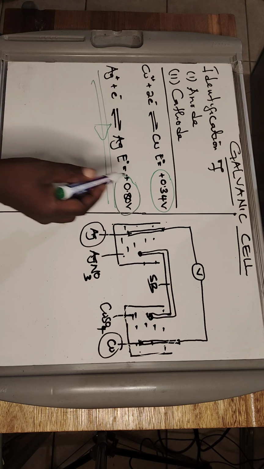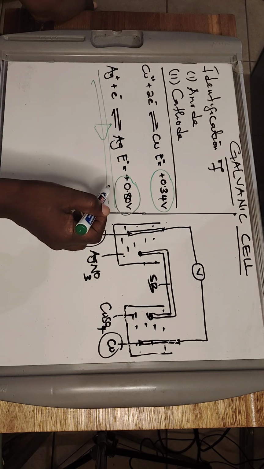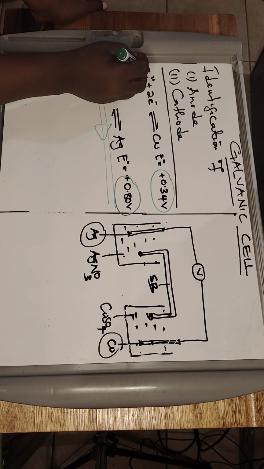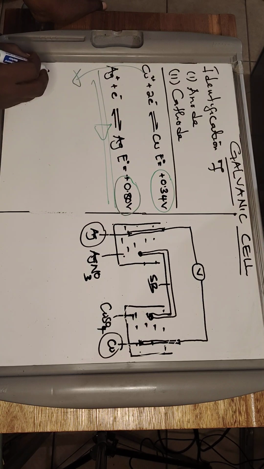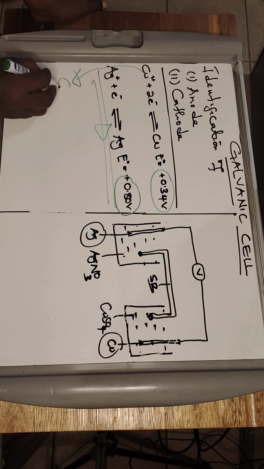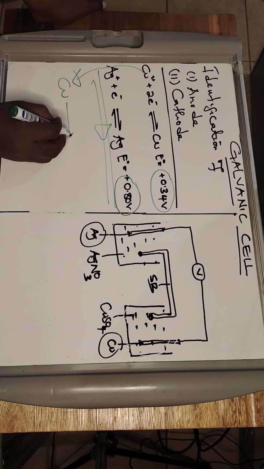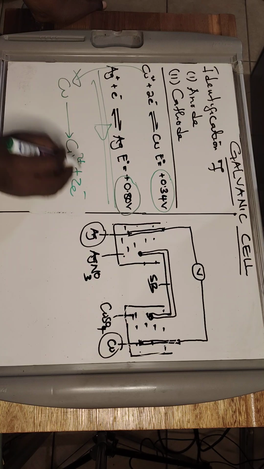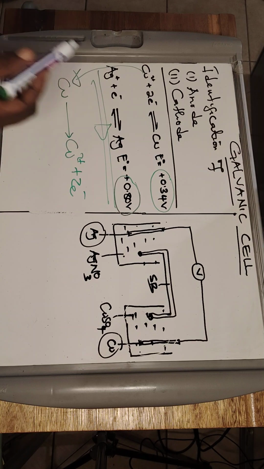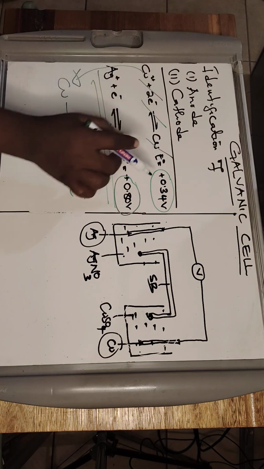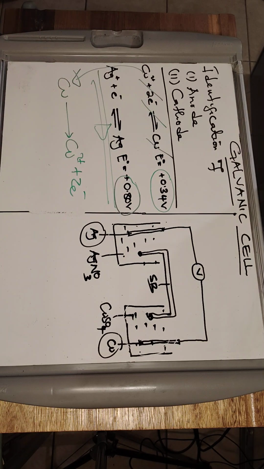And the copper, because it has a less positive value compared to silver, prefers to undergo the reverse reaction, the oxidation reaction, which gives copper ions plus 2 electrons. So this is not the preferred direction for this reaction. This is the one which is preferred.